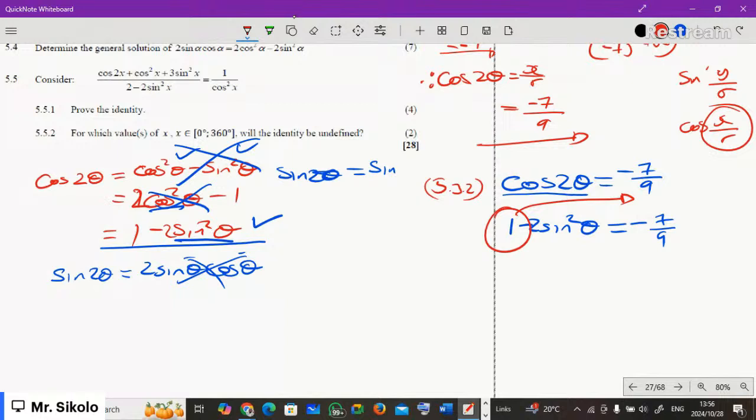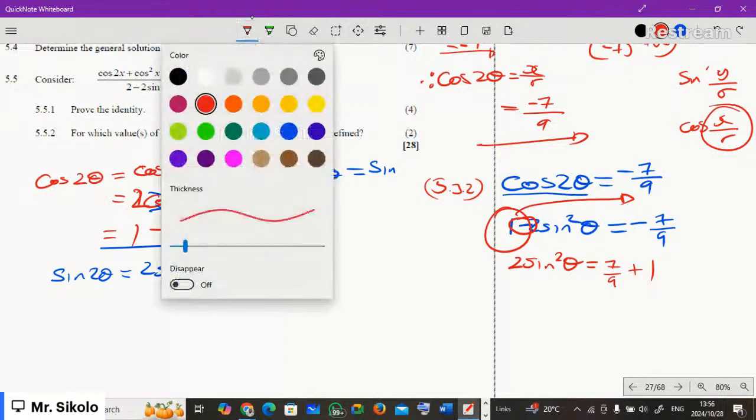So now our expression will be 2 sine squared theta, which is equal to what? 7/9 plus 1. I hope guys you got that about the signs, why the 1 became positive again, because we divided by the negative sign, so that we get 2 sine squared. Hope it makes sense.